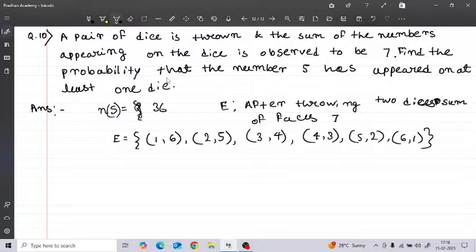Now I have to check the probability that 5 appeared at least once. So let's denote the event F as 5 appeared on at least one die.